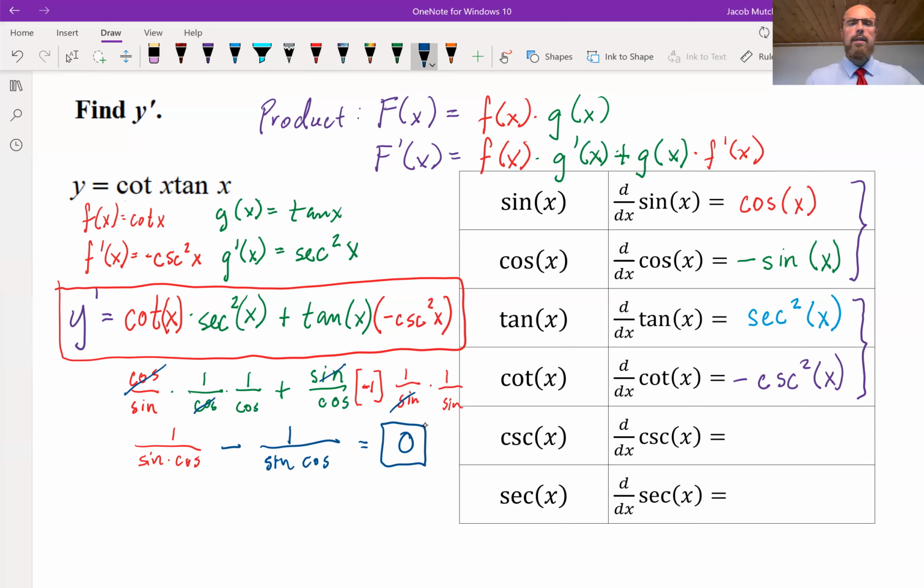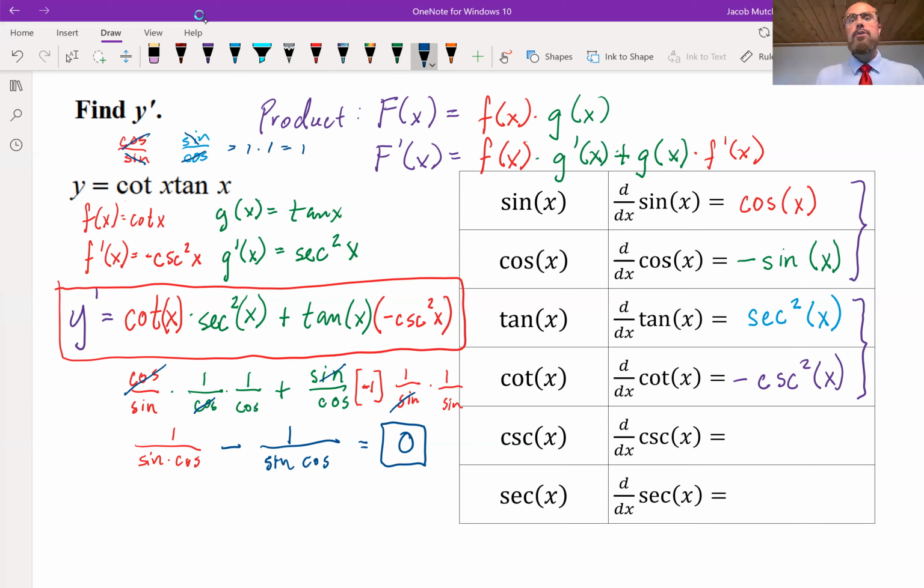So let's just think in terms of the original. Is it possible for the derivative of this function to just reduce to 0? Well, I'll go back to the original function, cotangent times tangent, and just use those same rules. Cotangent is cosine over sine. Tangent is sine over cosine. Well, I got two cancellation pairs there. Cosines cancel, sines cancel. So this is really equivalent to 1 times 1 or 1.